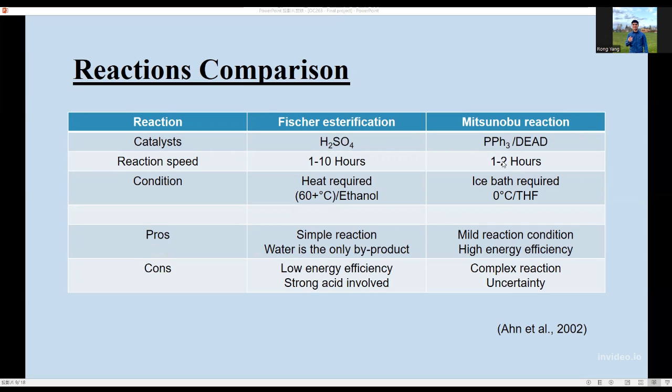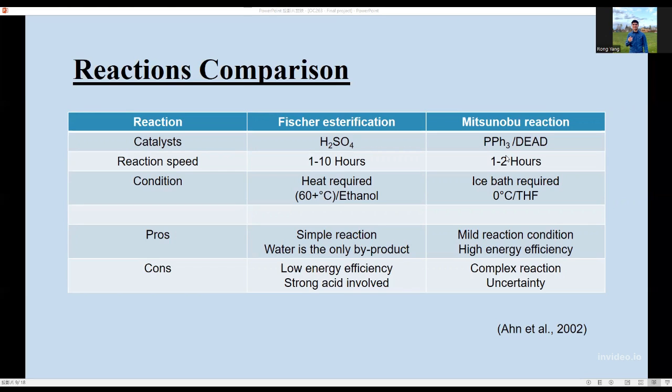Reaction speed: Fischer esterification may take 1 to 10 hours, but the Mitsunobu reaction only takes 1 to 2 hours. Reaction condition: Fischer esterification requires heat, up to about 60 degrees Celsius or more, in ethanol as solvent. The Mitsunobu reaction does not require heat but an ice bath at about 0 degrees in THF.